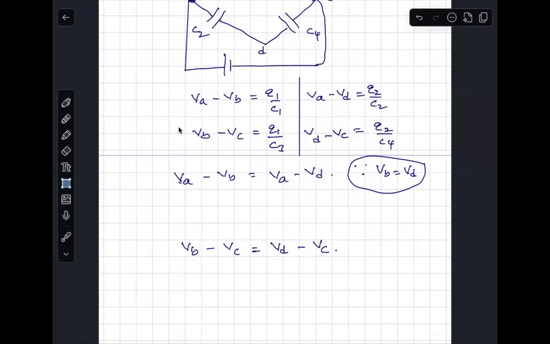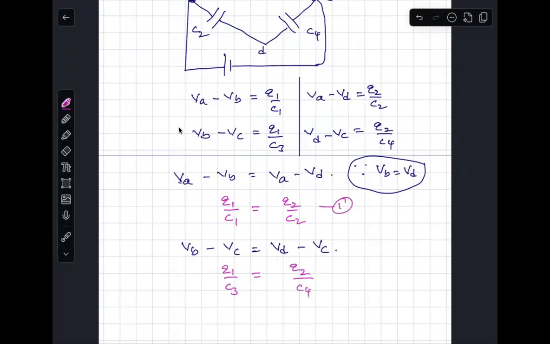Right. Now this implies Q1 by C1 is equal to Q2 by C2. And this implies Q1 by C3 is equal to Q2 by C4.